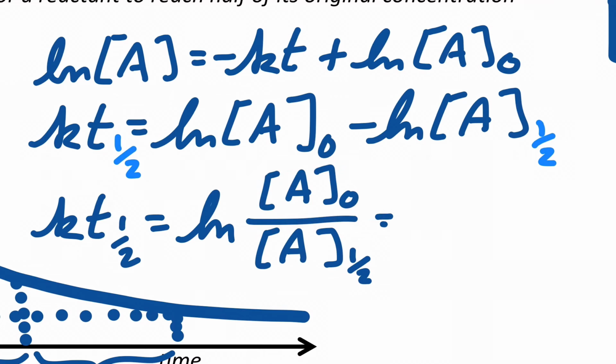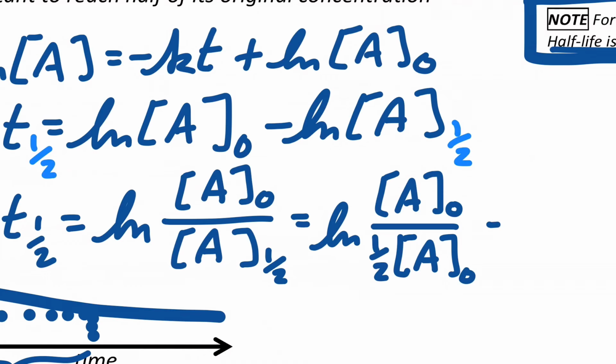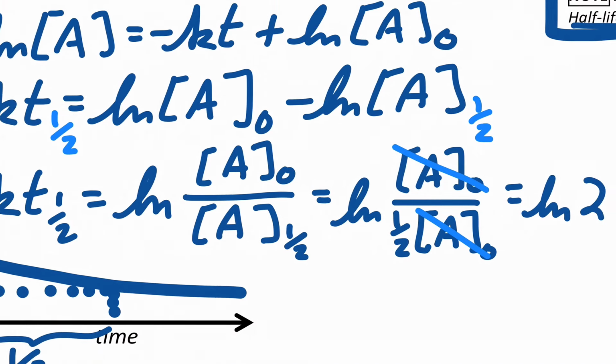So I can actually rewrite this as the natural log of A initial over 1/2 of A initial. And that means my A initials cancel. And I get the natural log of 1/2, which is just the natural log of 2.